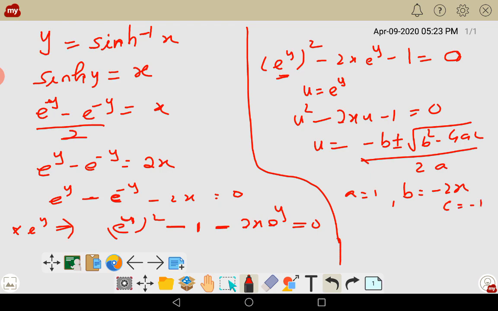When we use all those results here, u is negative b, which is 2x, plus or minus square root of b square, which is 4x square, minus 4 times a and c, negative, so you get plus 4, divided by 2. Simplify this further.